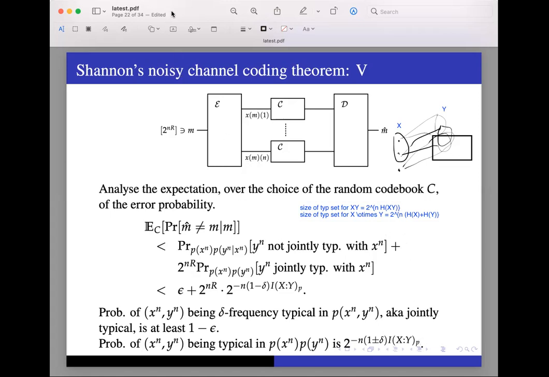So let me also write that one. It's those fudge factors that feed into this delta, right? Yes, that's why you get 1 plus or minus delta. There were fudge factors with the probabilities of all typical sequences.